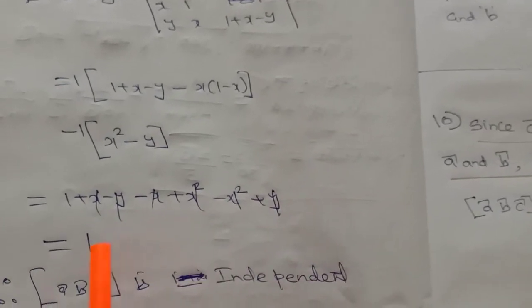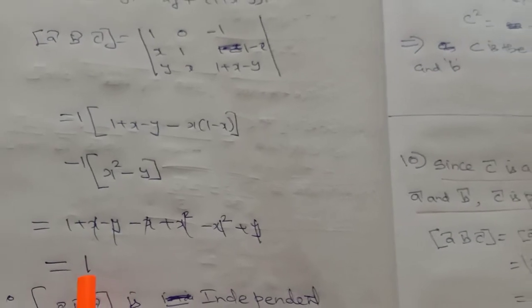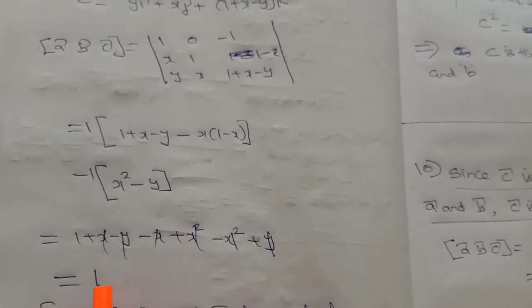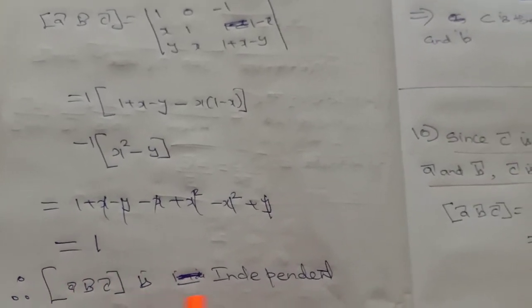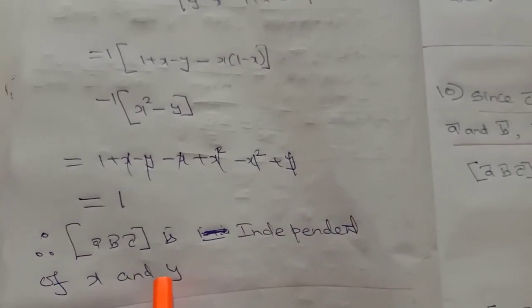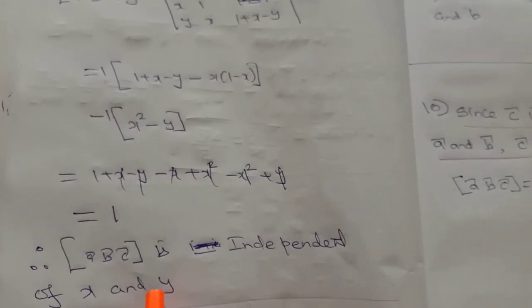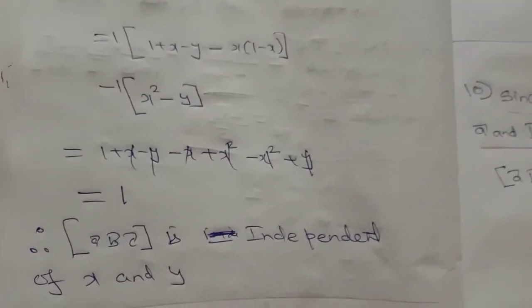So what remains is only 1. So you are getting only the constant. Here it contains no x term and no y term. That means the box product ABC is independent of x and y. That's what is asked here: it depends on neither x nor y means it is independent of x and y. That's what you have proved here.